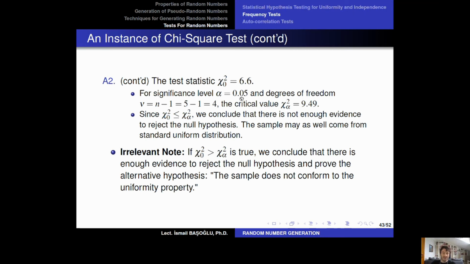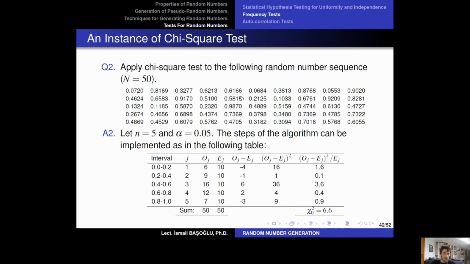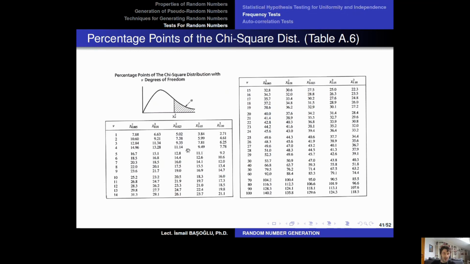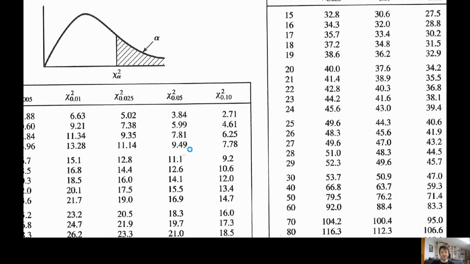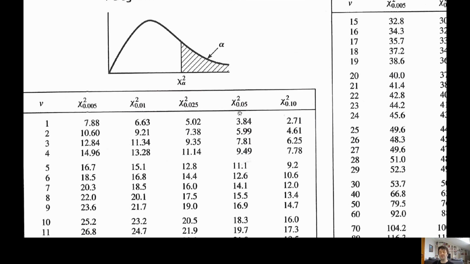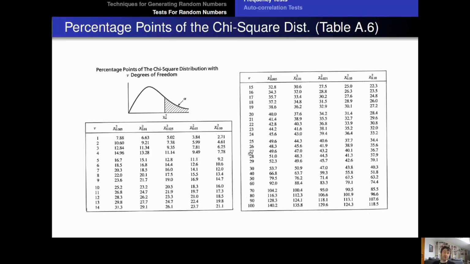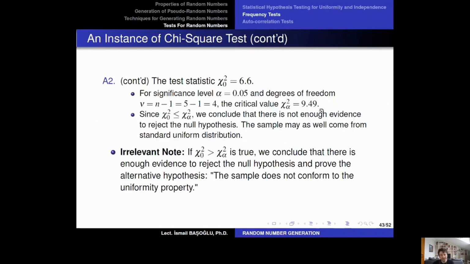And for significance level 0.05, I am just going to choose my critical value as 9.49 from the chi-square table, as you can see here. Degrees of freedom is the number of subintervals minus 1, and significance level 0.05, 9.49. So 9.49 is my critical value, and obviously my test statistic is less than that value.